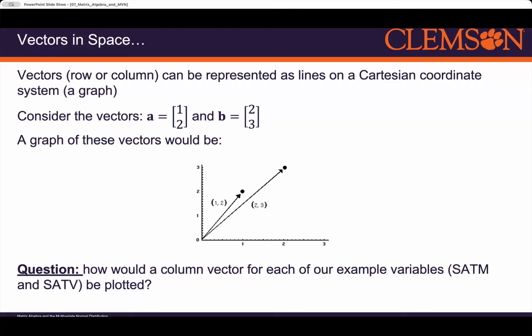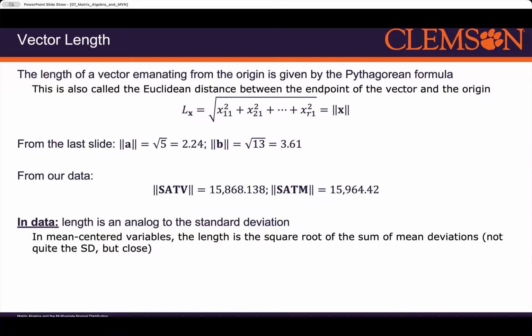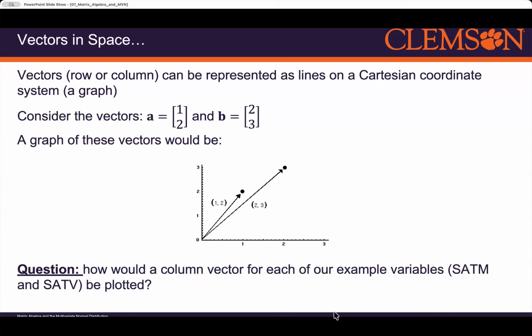We could think about our data as being a line in a 1,000-dimensional Cartesian coordinate system. That's crazy, right? That blows my mind a bit, but that's okay. That is what's happening. It's a way of thinking about it. So let's define vector length. Once we think of a vector as being a line, we can describe how long it happens to be. In fact, we can use the Pythagorean formula for this, right?